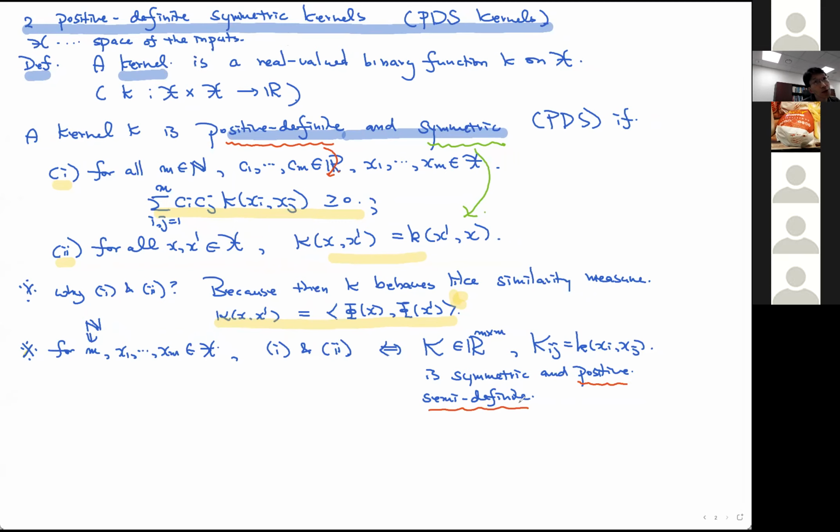Positive semi-definiteness here we are talking about is about the matrix. They say that for any vector C, which is m dimension, if we compute this quantity, C transpose K C, that is always greater than or equal to 0. That's what positive semi-definiteness is.